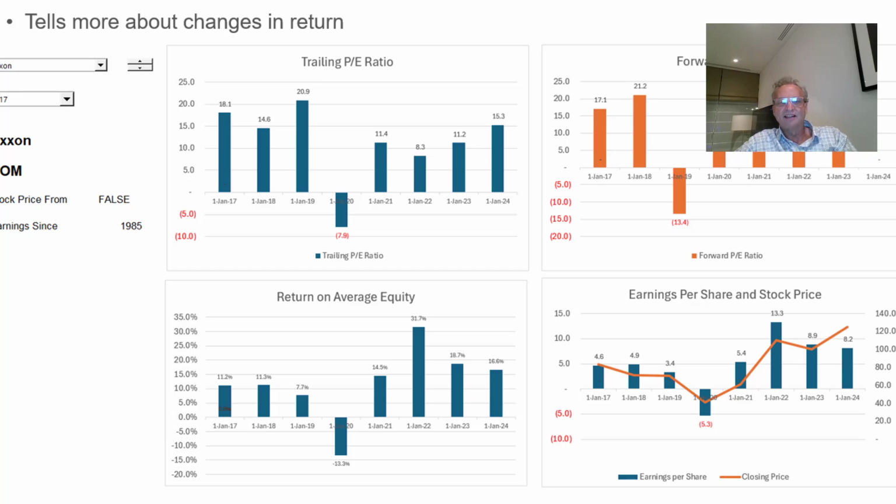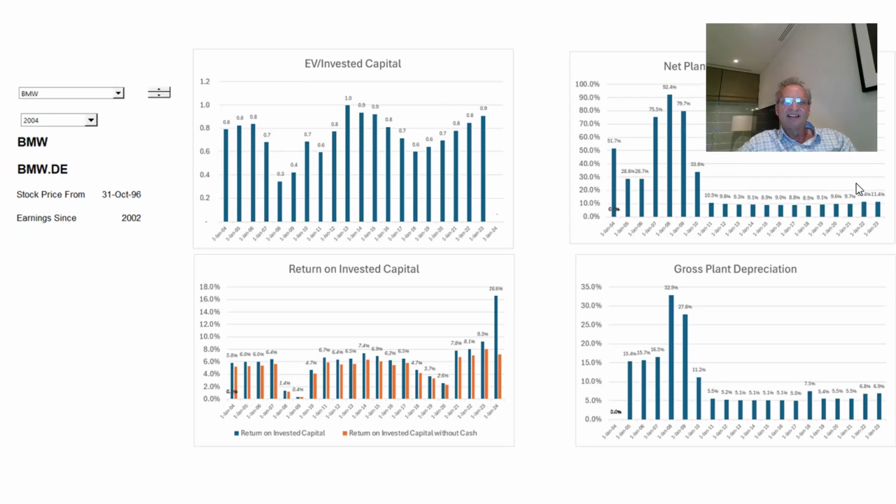Okay, and when the return is going to go up, the PE ratio is high. When the return is really high, the PE is down, and here maybe it's up because people think it's going to be high. It tells you more about what the expectations are period by period than anything else.